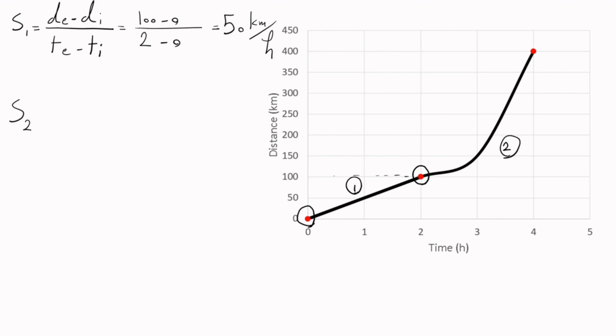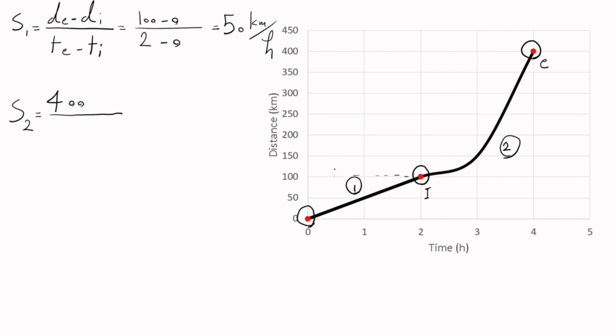I'm going to show it with S2. We are going to apply the same formula. This is the ending point of the second part and this is the initial point of the second part, right? Because the second part is going to start from here and it's going to end here. What is the distance of ending point? If I continue this, I will realize that it's going to intersect distance axis at 400.